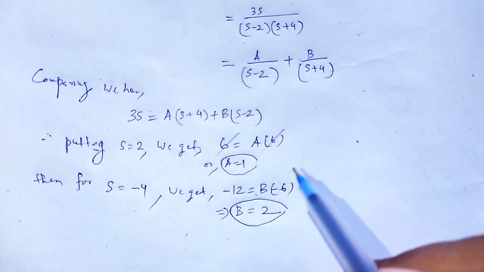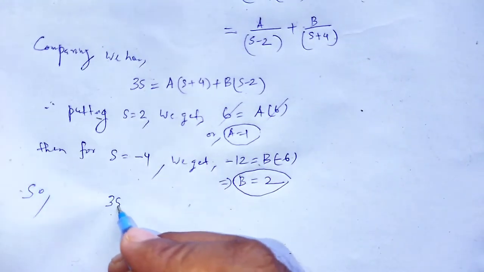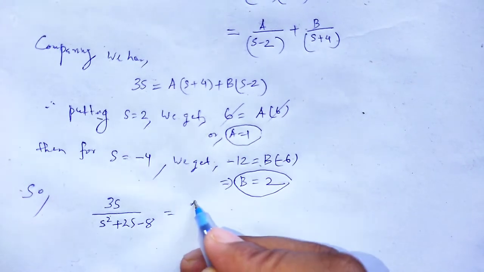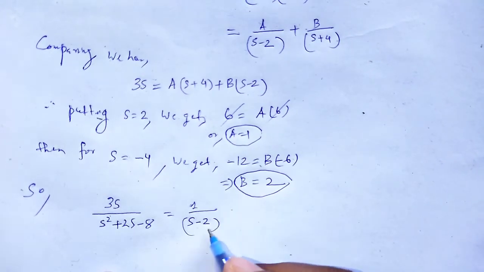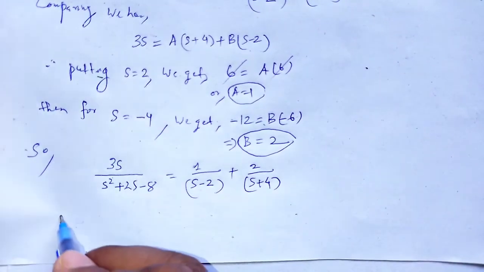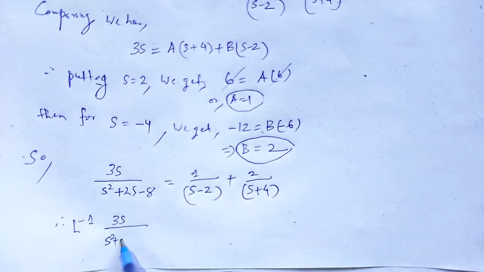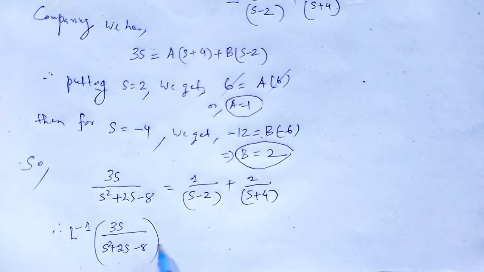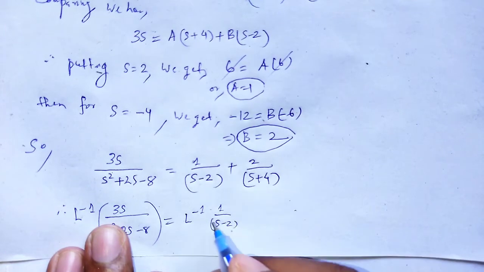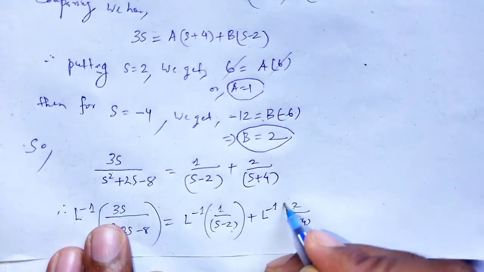Then in place of a and b we substitute the values, so 3s divided by s square plus 2s minus 8 is equal to 1 divided by s minus 2 plus 2 divided by s plus 4. Therefore inverse Laplace transform of 3s divided by s square plus 2s minus 8 is equal to inverse Laplace transform of 1 divided by s minus 2 plus inverse Laplace transform of 2 divided by s plus 4.